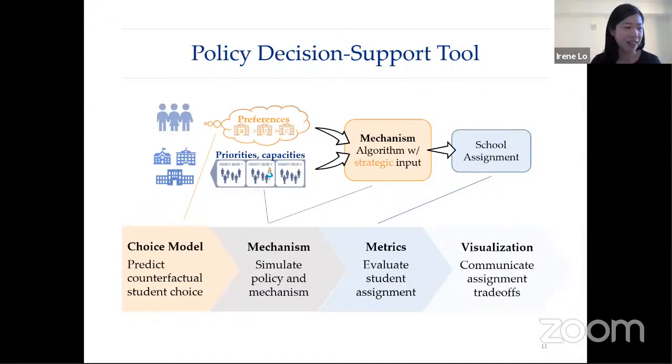I think this is a different component of AI, sort of the HCI world, where you're thinking about how to help people understand this big socio-technical system, this big algorithmic system that affects where they get to go to school. So those are the pieces of our policy decision support tool.